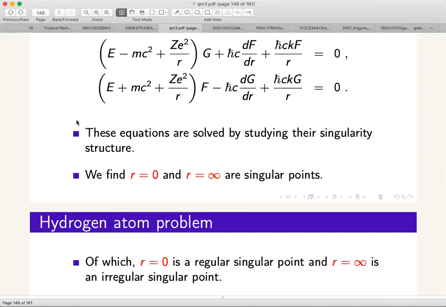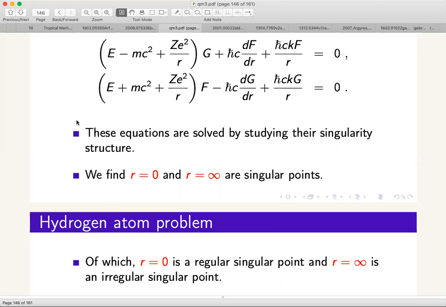Of course, the problem that we are going to solve, the hydrogen atom problem, is a kind of slightly modified Taylor series, and it works. But generically, if you have a regular singular point, you get a solution which is called a Frobenius series. A Frobenius series is almost like a Taylor series except for an additional piece multiplying it, and that piece may have a fractional power of the argument.